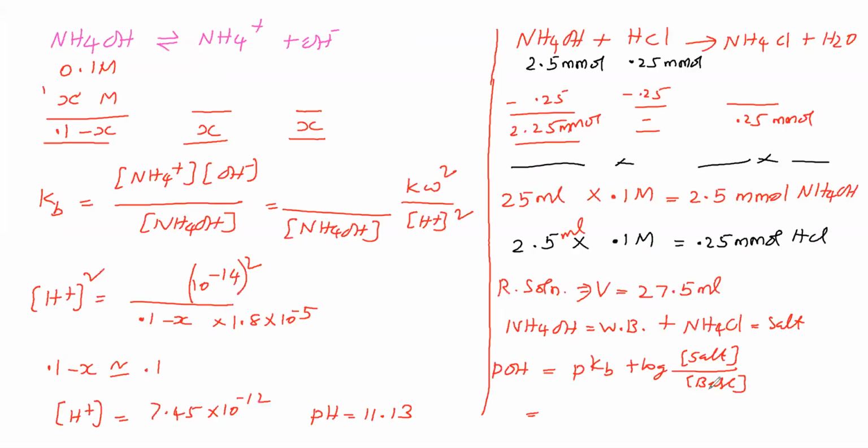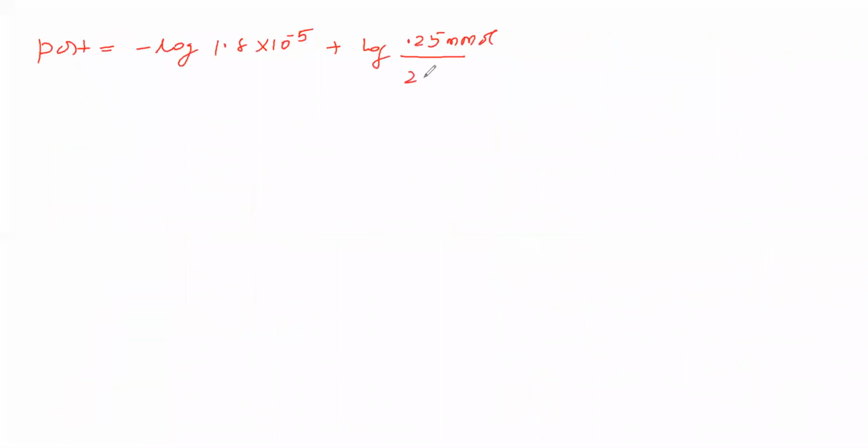Then in the denominator, the base is present. What is the base here? The weak base ammonium hydroxide. How many millimoles are present? 2.25 millimoles, so we substitute 2.25 millimoles of ammonium hydroxide. We simplify this. Then from this we can go for pH, since pH plus pOH is equal to 14.